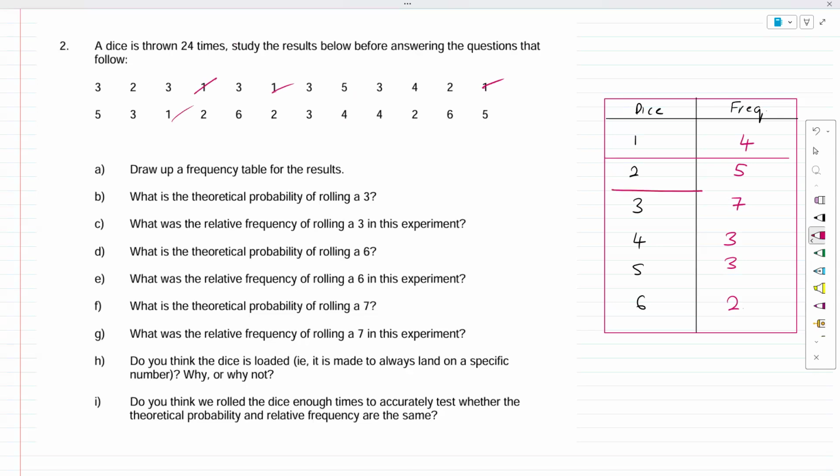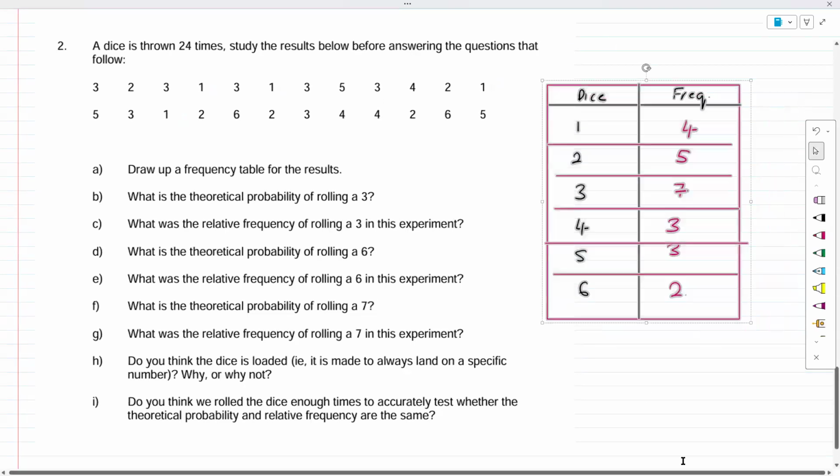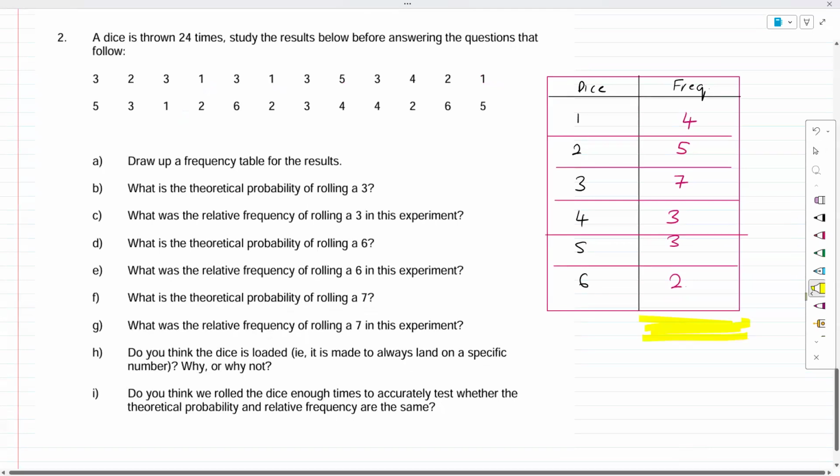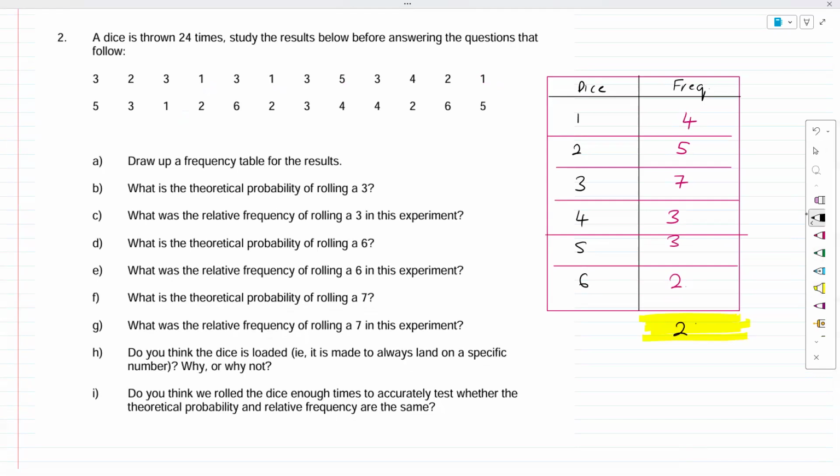And we will continue in that way until we get to 6. Now, please make sure to add this total. Please make sure to try and get this total, and this total would be 24. If it's not 24, then something's wrong.